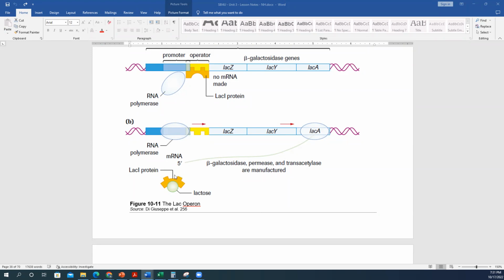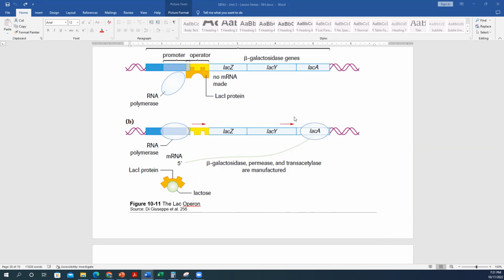So once it binds to this and gets it off of the operator, then now the genes can become translated and made into all of these working enzymes, the beta-galactosidase, the permease, and the transacetylase.